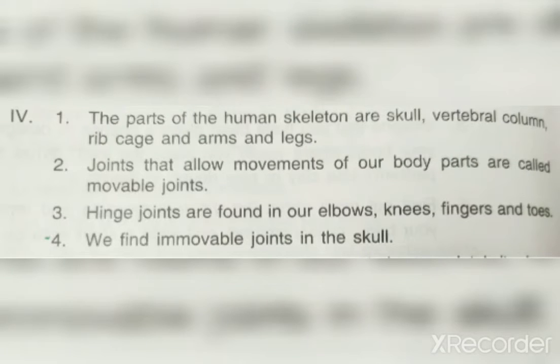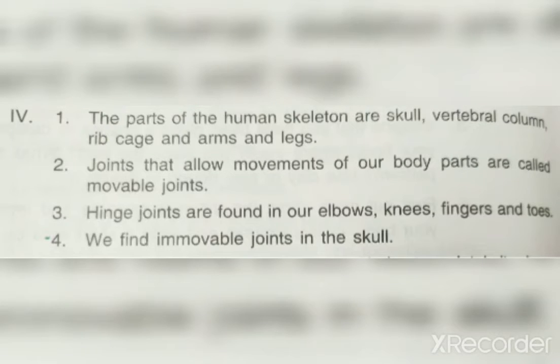This is your answer number 1. Now second question you can see from your textbook is, what is a movable joint? So the answer is, joints that allow movements of our body parts are called movable joints. This is answer number 2.